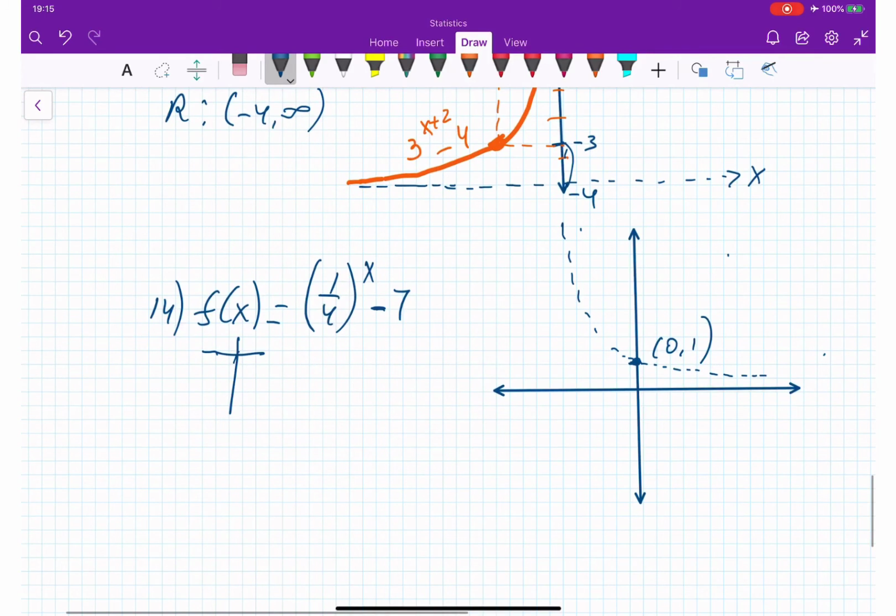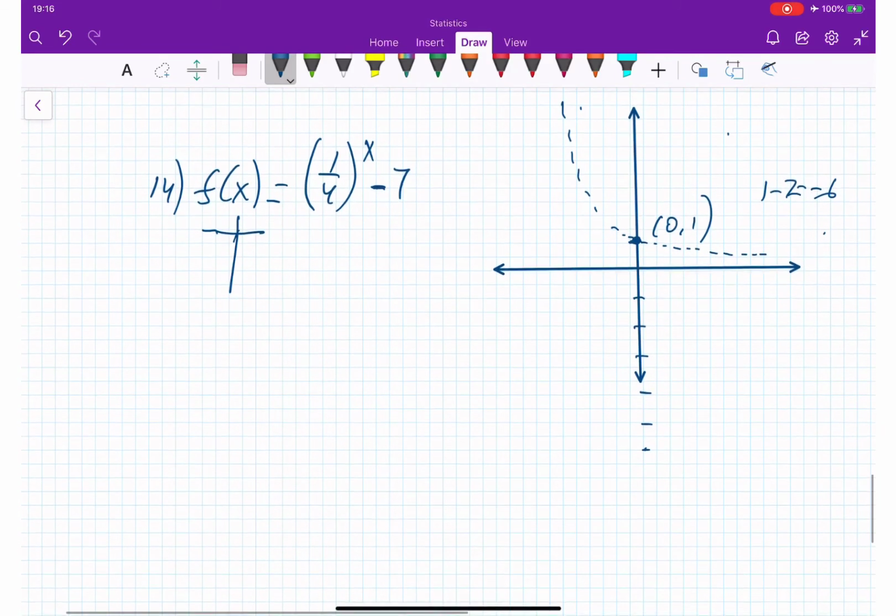That's vertical shifting, negative 7. So 1 minus 7 is going to be negative 6, right? So we're going to go down 1, 2, 3, 4, 5, 6. It's going to be right there.